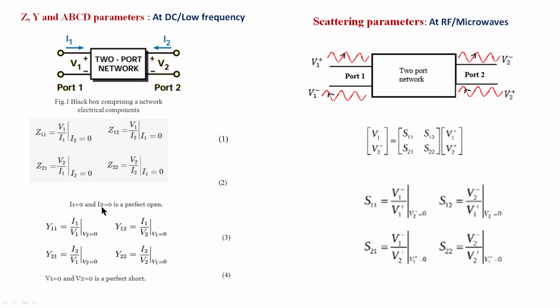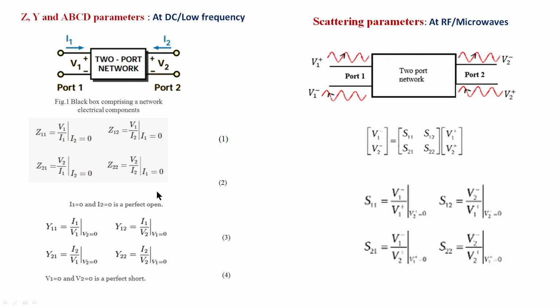We can use this, but these Z parameters, Y parameters, and ABCD parameters are actually for low frequency. We can use them at a low frequency, but we cannot use them at RF and microwave frequency range.